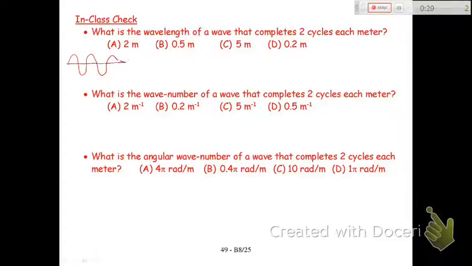This is an x position and y position. That's what we're looking at with a wave. And it tells me that there are 2 cycles each meter. Find your first cycle and find your second cycle, and you know that's 1 meter. So then it says, what's the wavelength?